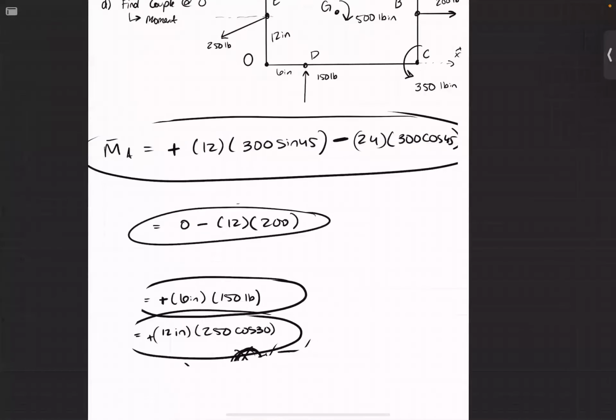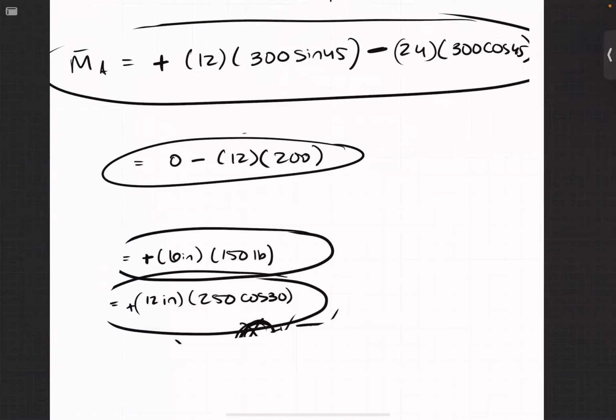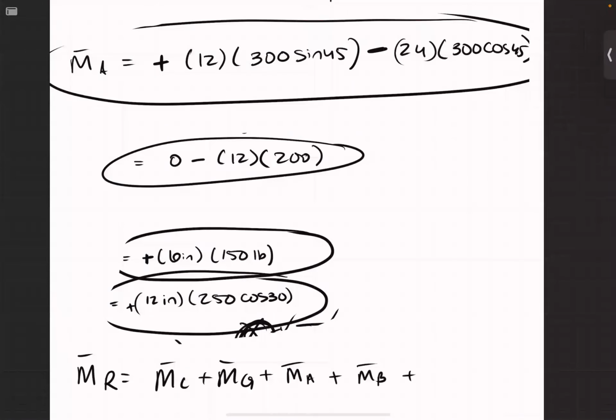Now we're at the beginning of the problem, so we have all of our moments here. For the resultant moment, we are adding moment of C plus moment of G, which are almost basically given, plus the moment of A, plus the moment of B, plus the moment of D, plus the moment about E.